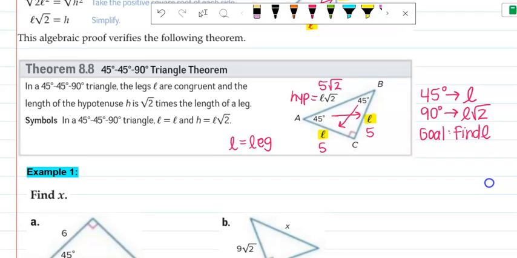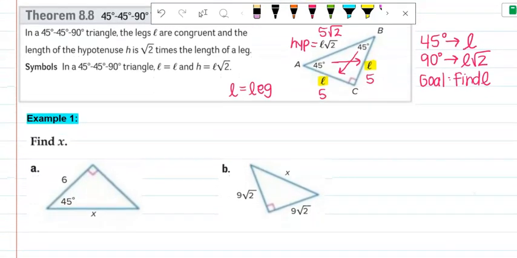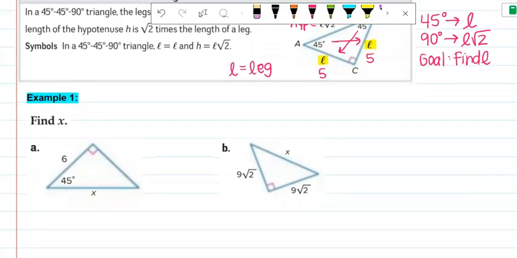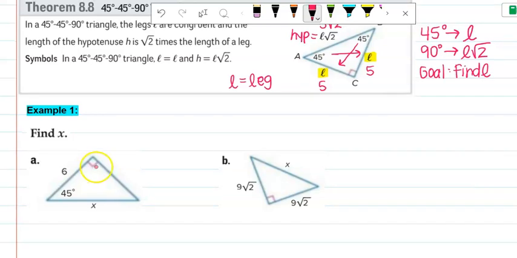Okay, so if we look at a couple examples, we know we have a 90-degree angle and we have a 45-degree angle. If you did not know, the three angles of any triangle will always add up to 180. So if we've already used up 90 and 45, then this must be a 45-degree angle there.